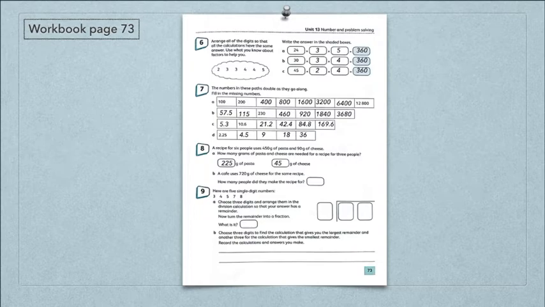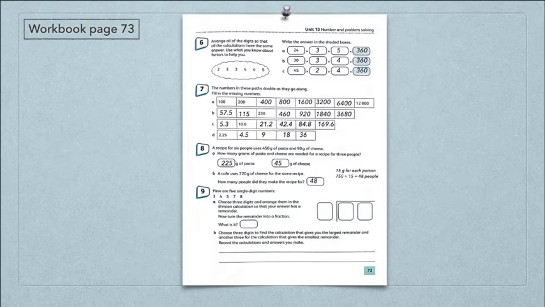Now we know for one person we need 15 grams of cheese. We have 720 grams of cheese altogether. In order to find the number of people, we need to divide 720 by 15. So 720 divided by 15 is going to give us 48 people. So the answer is 48 people.